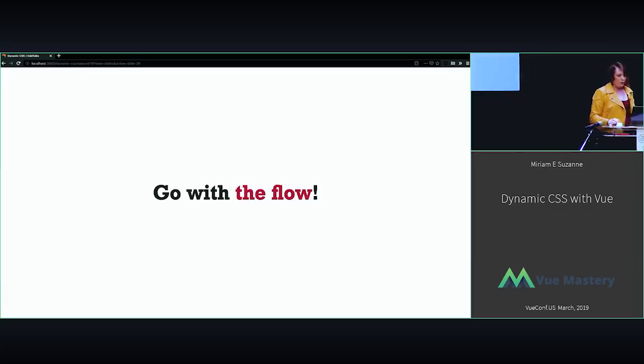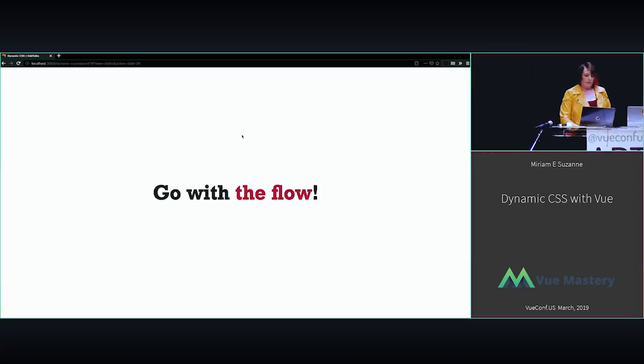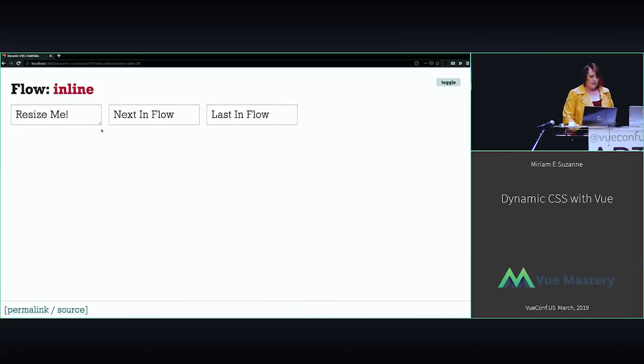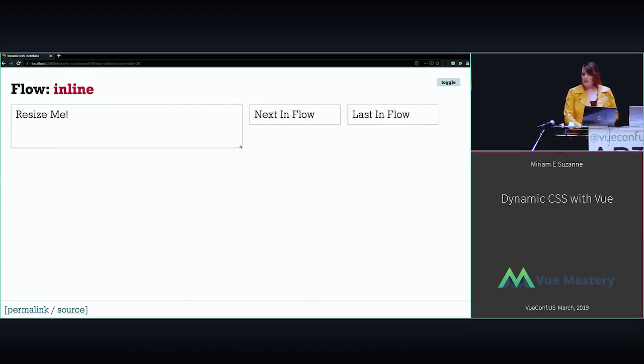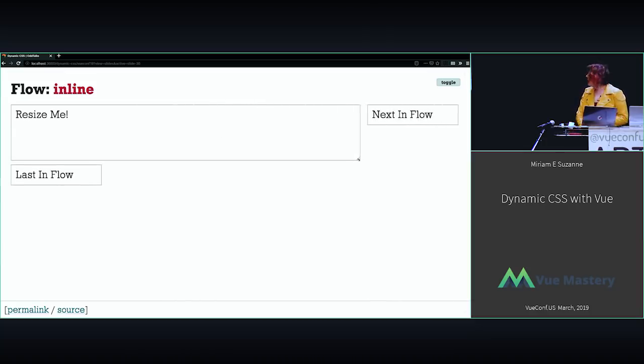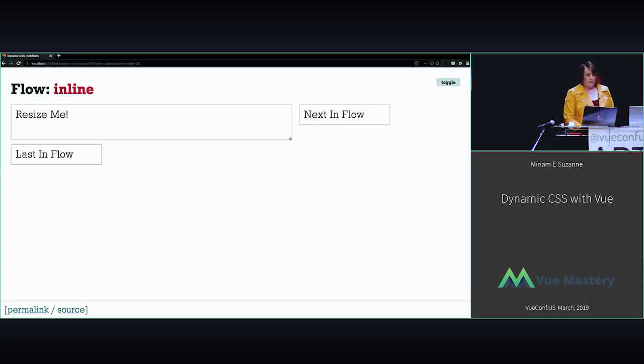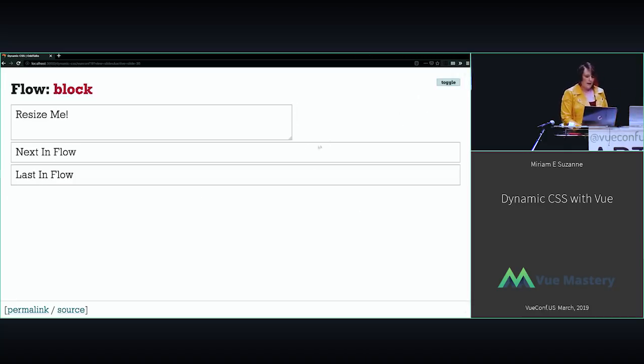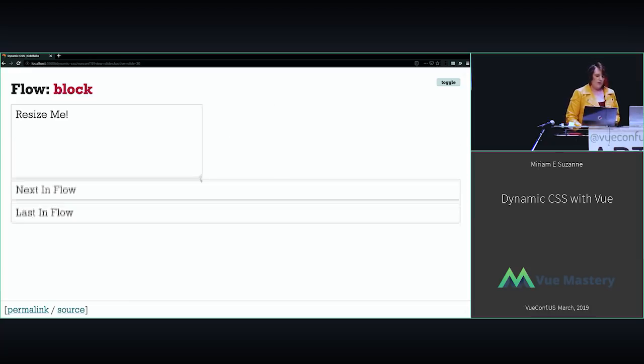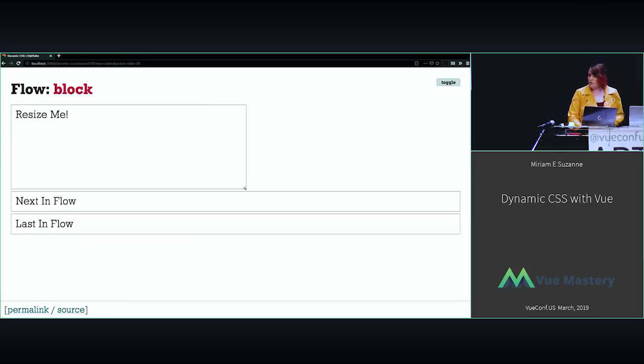So one of the first rules of that is that we're always going to try to go with the flow. And the flow is basically this. In an inline flow, things stack up left to right, or right to left if you change the language. And if something changes, everything else moves around it. They flow together. That's handy. We can toggle that flow to be block, and then things flow vertically, usually.